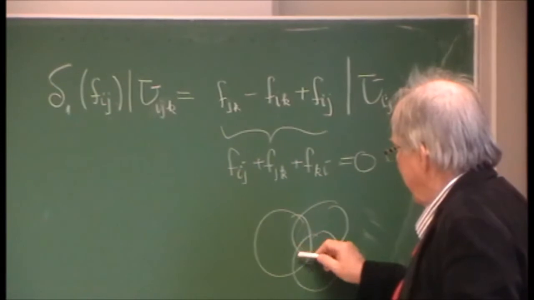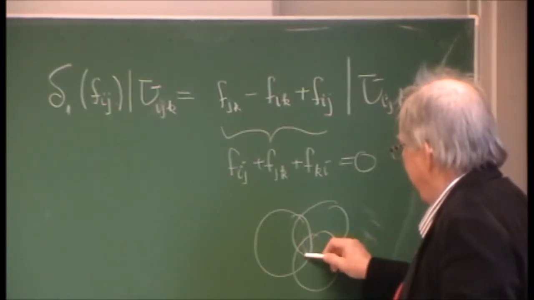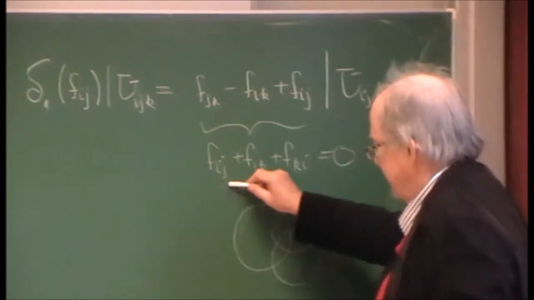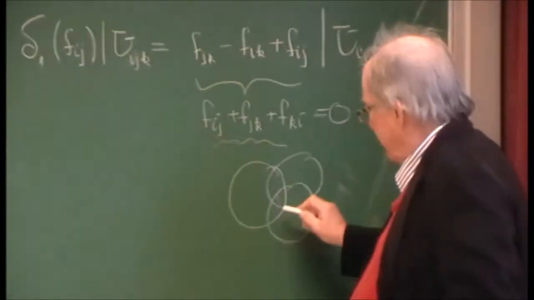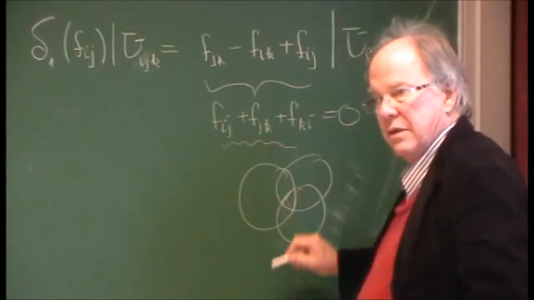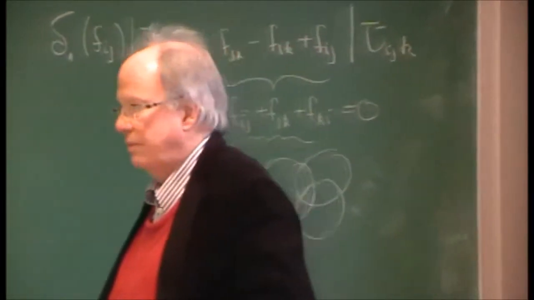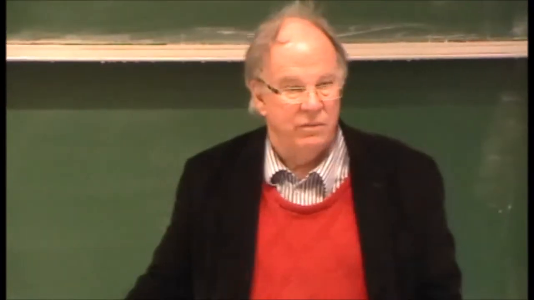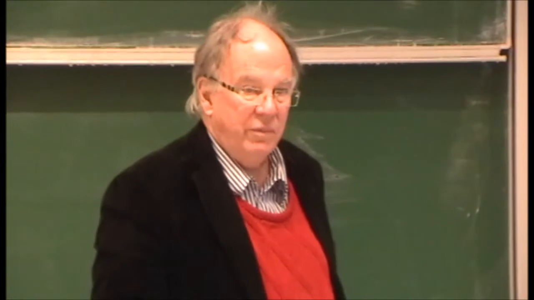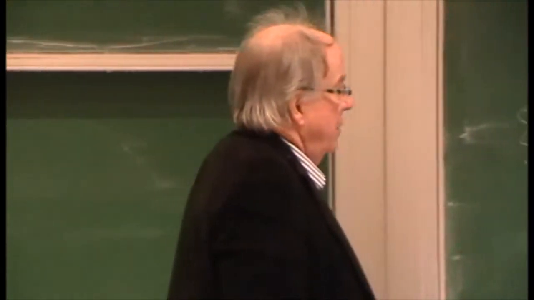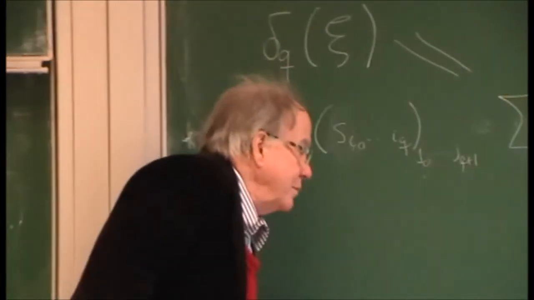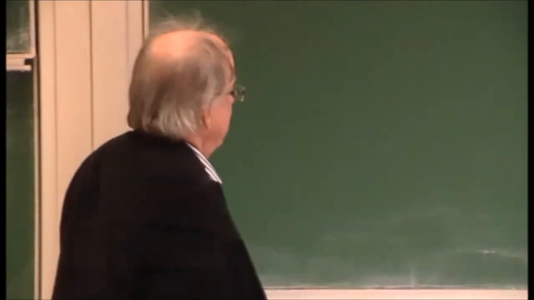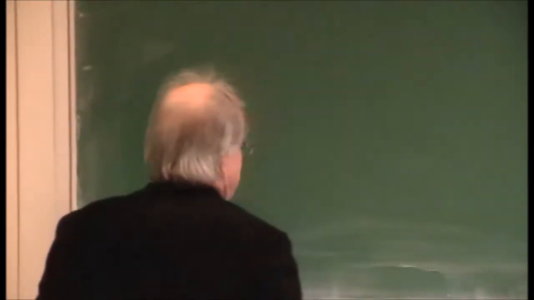Here you have an Fij, here an Fjk, here an Fki, and this is the cyclic thing on the threefold intersection here. That's just life, and that's the way it is. And as I indicated yesterday, it's very, very important for the applications. Not just formal, you will see today.